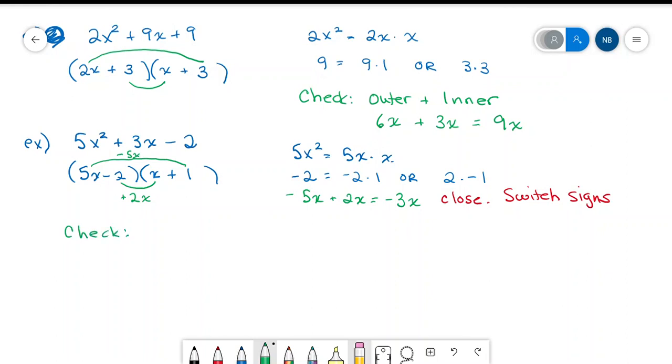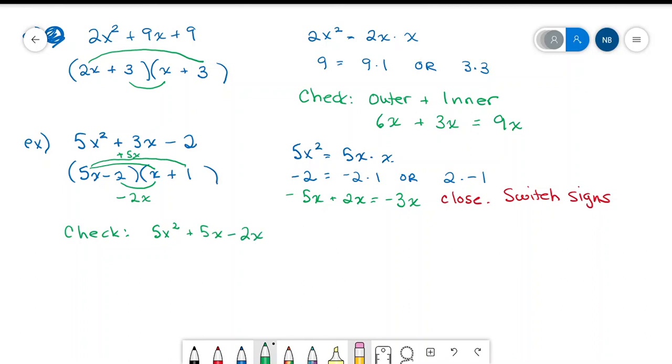5x times x is 5x squared. 5x times 1 is positive 5x. Negative 2 times x, trying to erase that plus sign, is negative 2x.